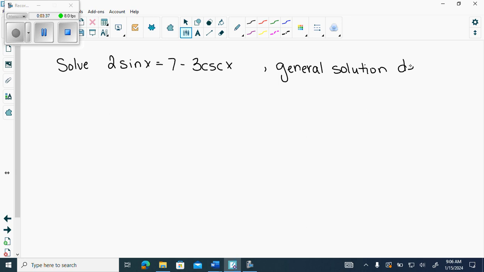In degrees. When you're done that, I want you to solve sine 2x equals root 2 cos x. General solution, radians.